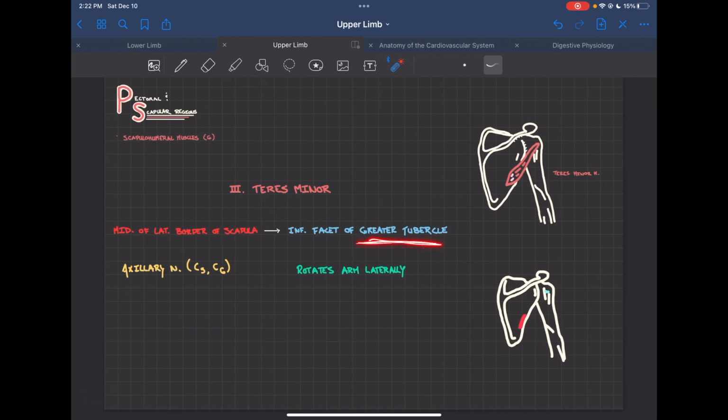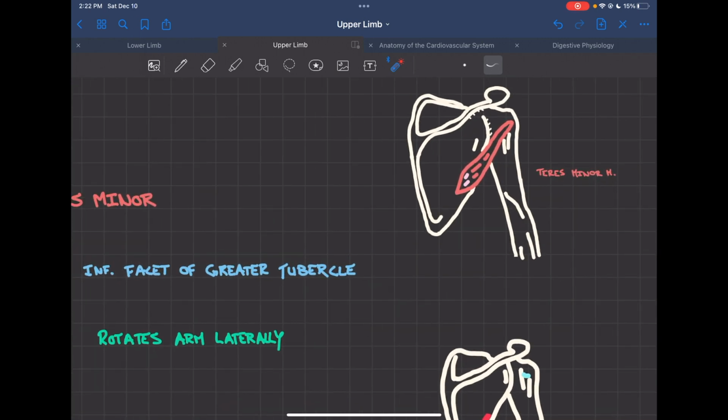So that is a nice common denominator for you. The teres minor is innervated by the axillary nerve, another branch of the brachial plexus, and it's also going to rotate the arm laterally. So it acts just like infraspinatus, just with a smaller muscle belly. So if I were to imagine this shrinking down and pulling on the arm, it would rotate it in this manner.